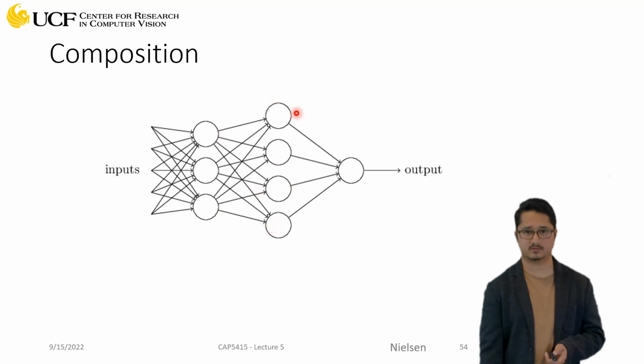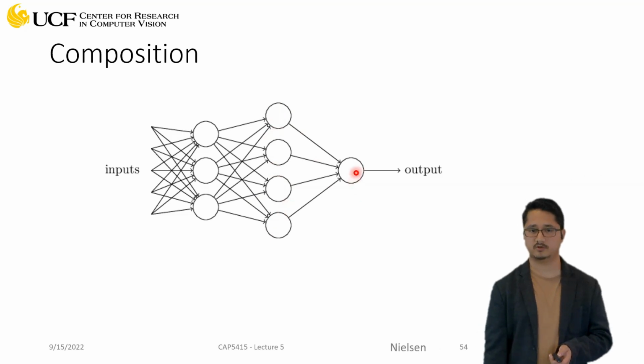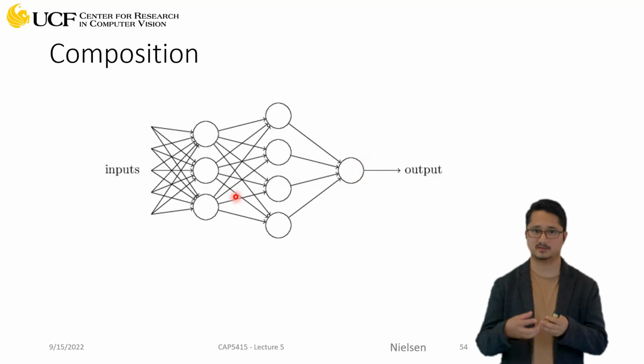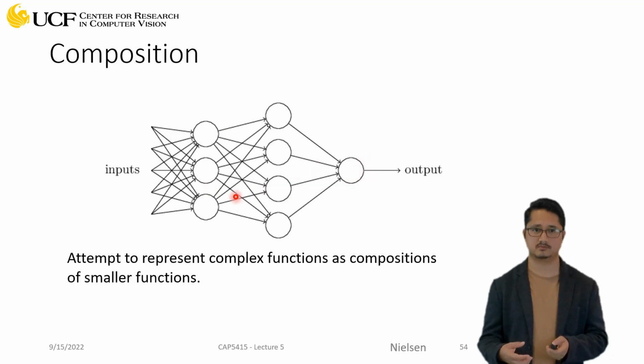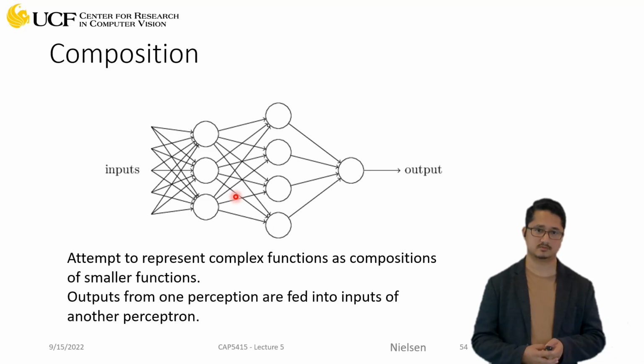In this case, you have 4. And then you can have your final output layer, which is just one neuron, which means you're just trying to solve binary classification. Okay, so you can make these networks deeper and deeper. And the idea is you want to represent complex functions using composition of smaller functions.